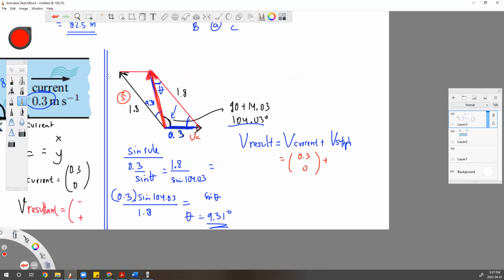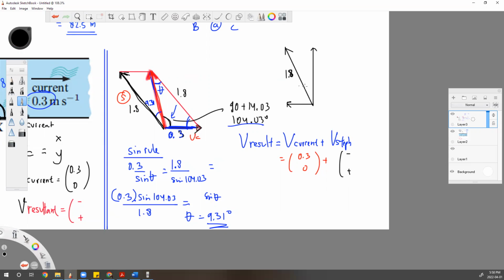Let's see. Stephanie is walking, speed is 1.8, so I want to rewrite it one more time: 1.8. It has to go up, so it has to be y and also x. The y is positive, the x is negative. What is the length of this?